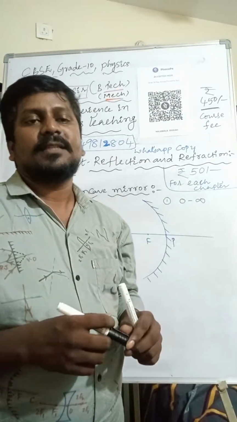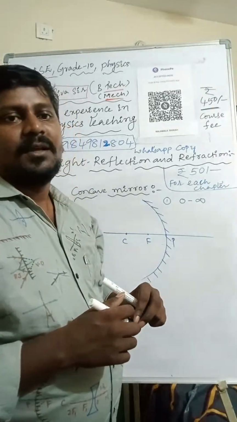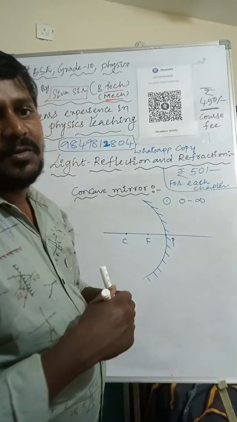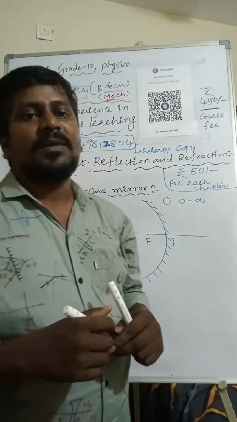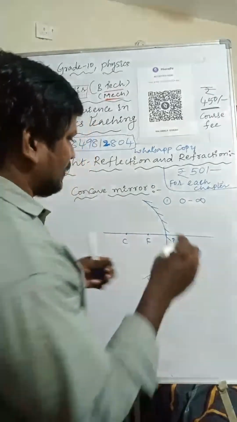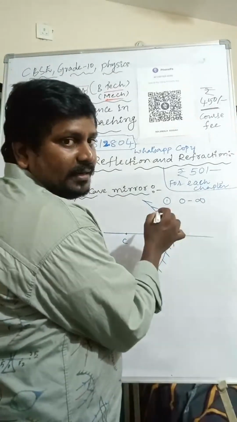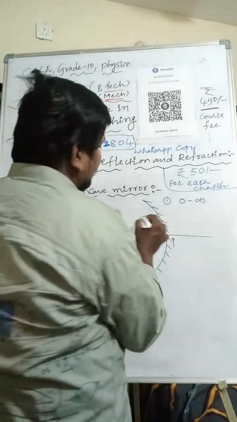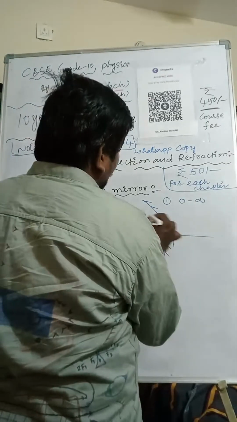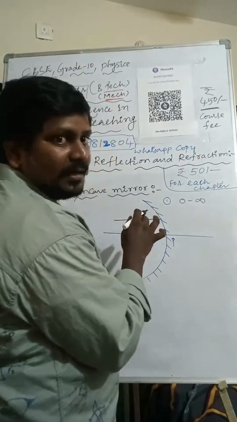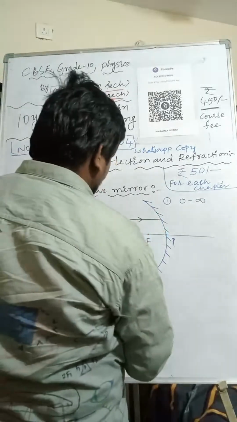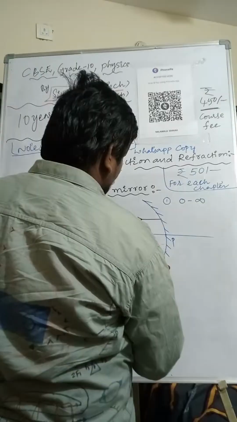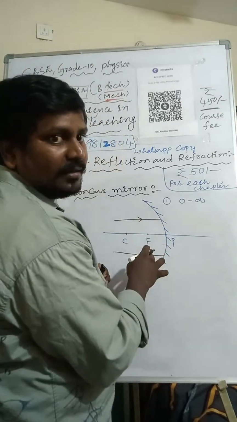How many light rays are required to form the image of the object? Minimum 2 light rays are required. So I'm taking one light ray like this, and another light ray like this.